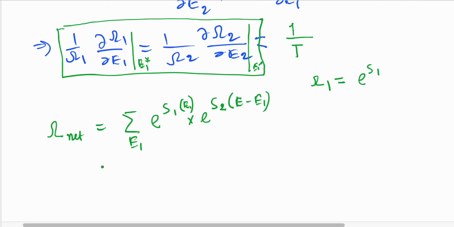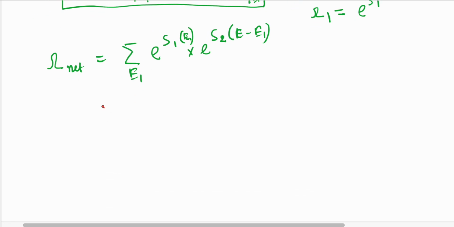Now if we write it in this fashion, since the total energy of the reservoir is huge, and the energy the system possesses is very small relative to the total energy, we can expand it in a Taylor series with respect to this energy.